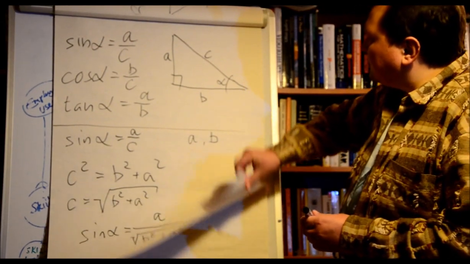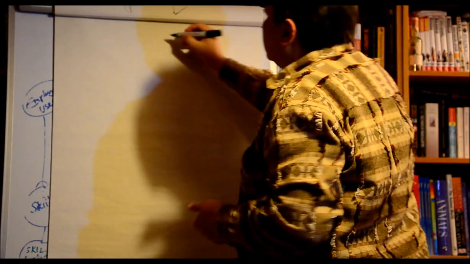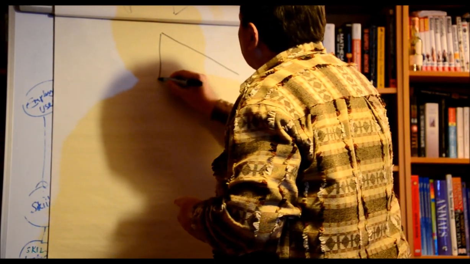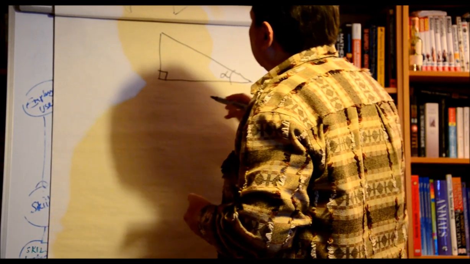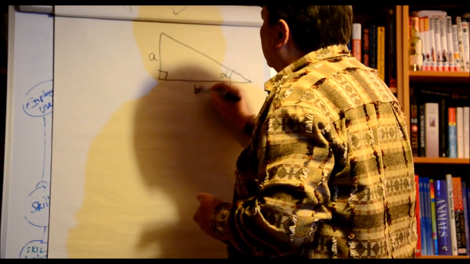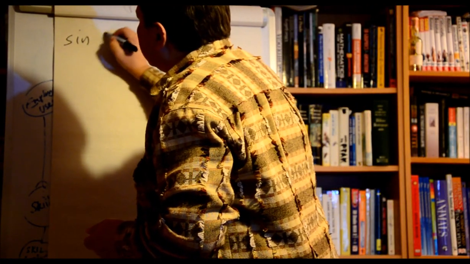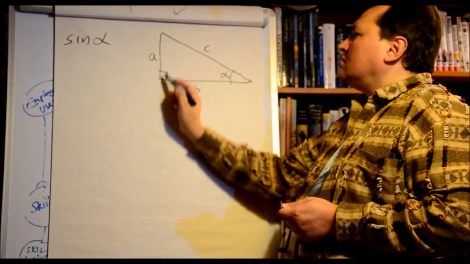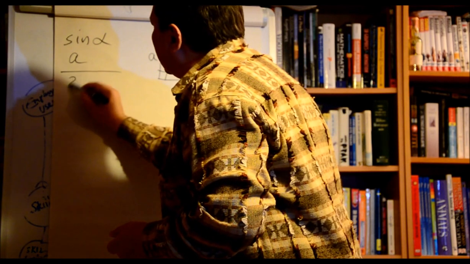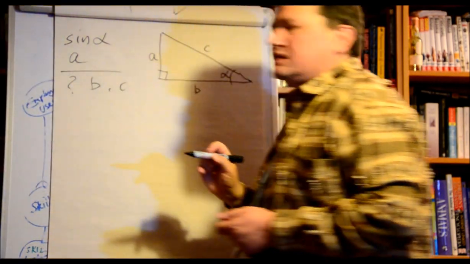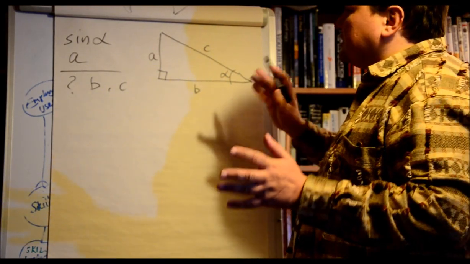Let's take another example. A very similar triangle which has alpha here, right angle here, A here, B here, C here, but this time we know sine alpha and we know A. Okay, and we need to find what is B and what is C. The general rule is we should start with something that we know.